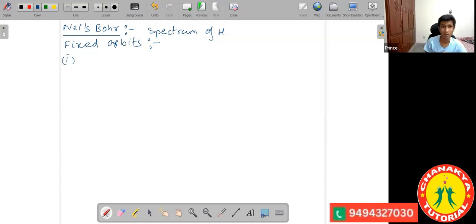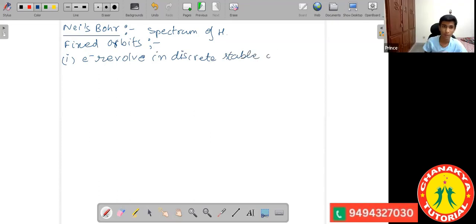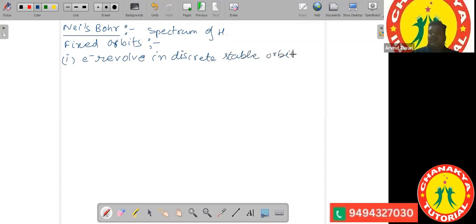Those words: we say that electrons revolve in discrete stable orbits, or shells.